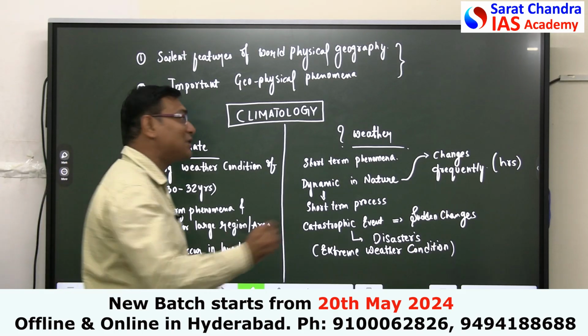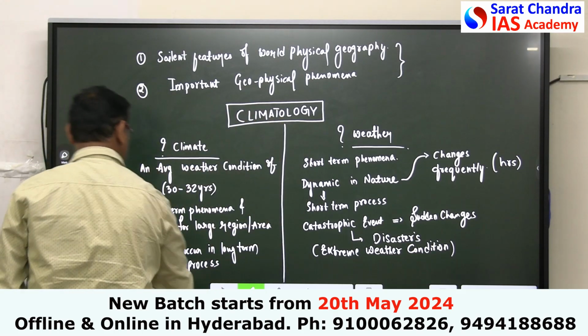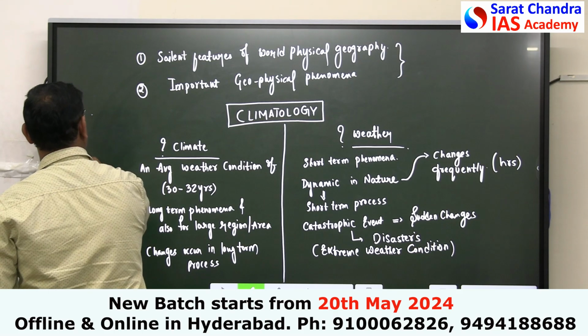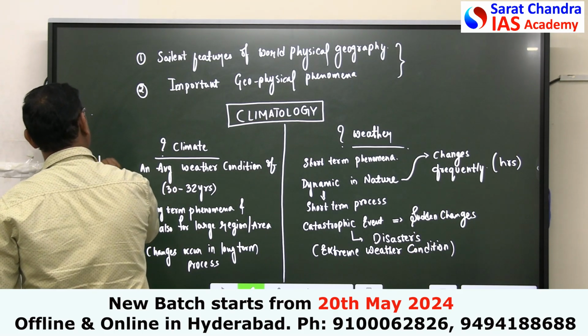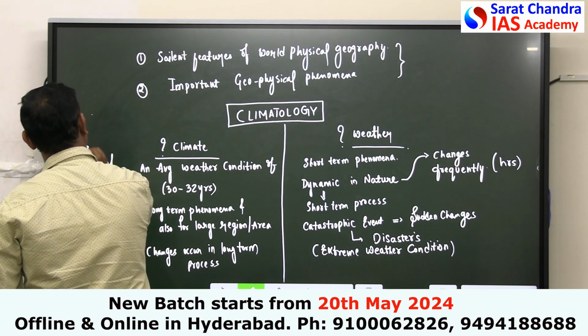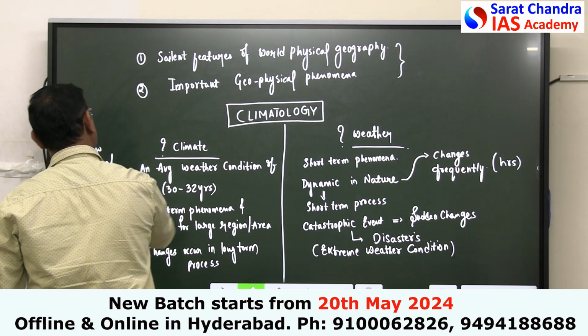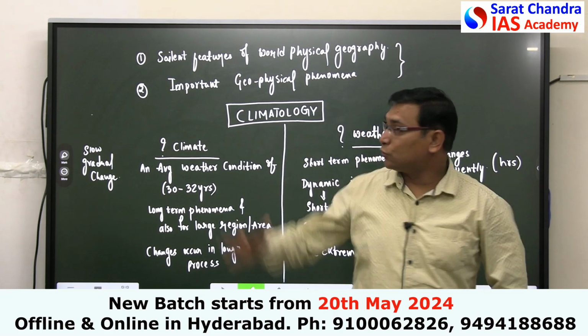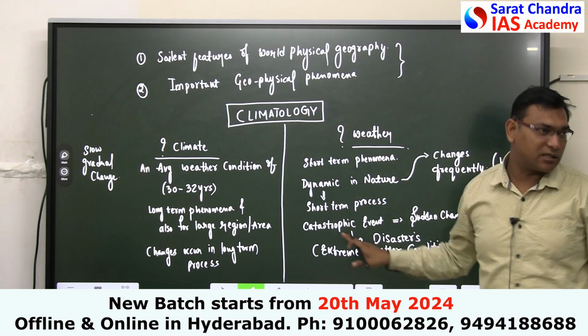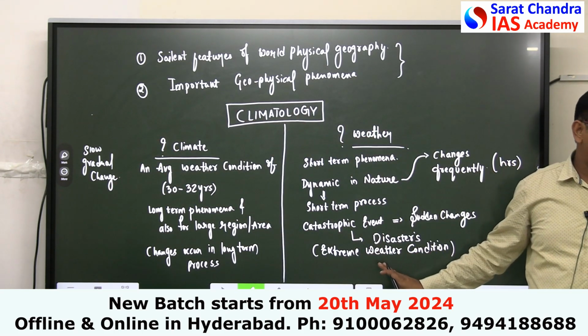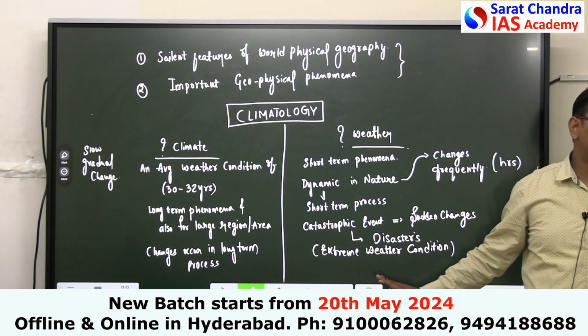Yes or no? Climate change, I am writing here, okay? It is a gradual, slow change. It is not sudden. And due to this, phenomena occur. Yes or no? Extreme cyclone.